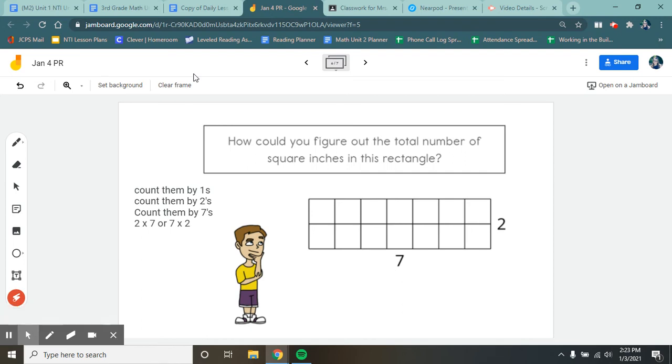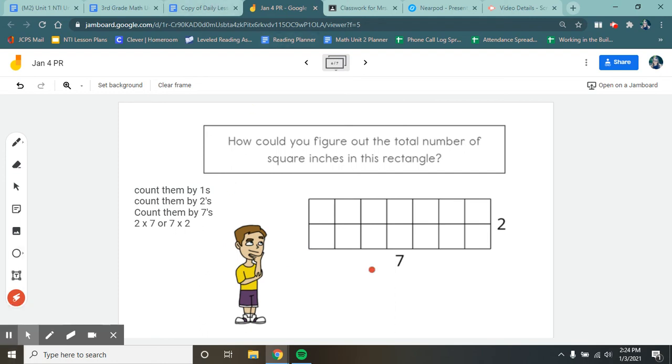I bet many of you all are saying that this reminds you of an array. And you're absolutely right that this is just like an array, that they have the rows going across, they're all lined up, and the columns going up and down are lined up. So that's exactly what we looked at when we were doing arrays.